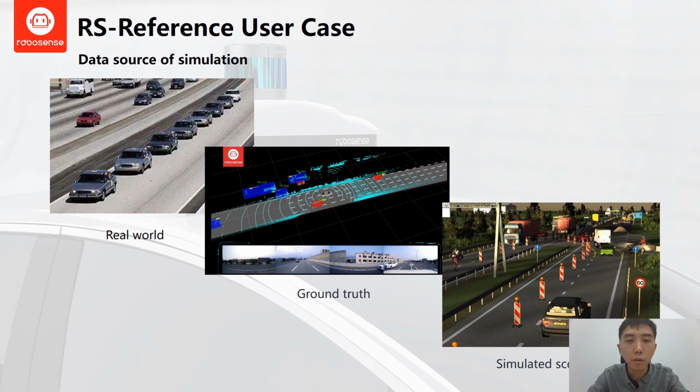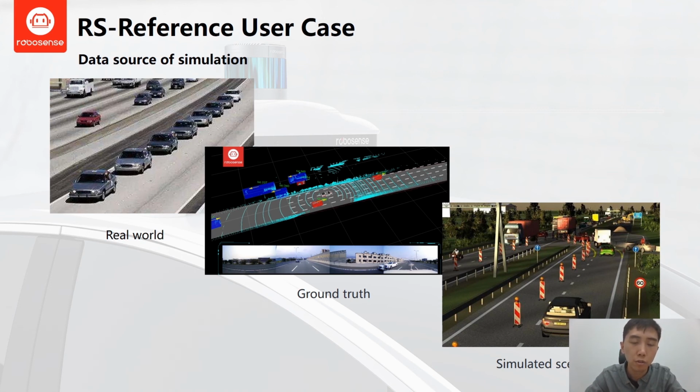Okay, the last use case is the data source of simulation. Right now, simulation is becoming more and more important in testing. People use this as a low-cost solution for their perception software and algorithm testing.